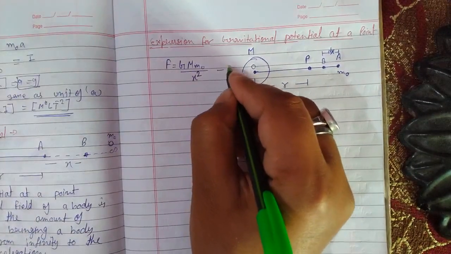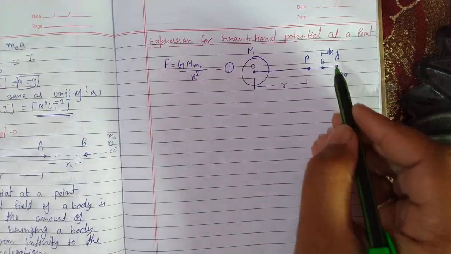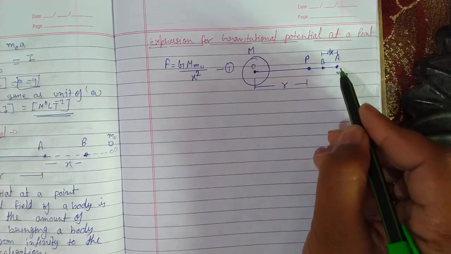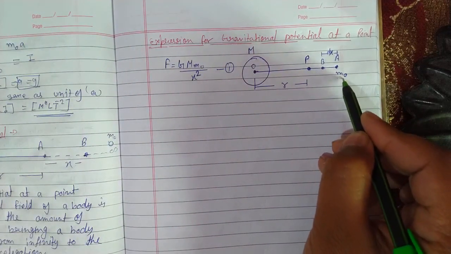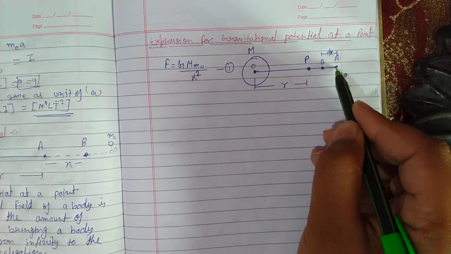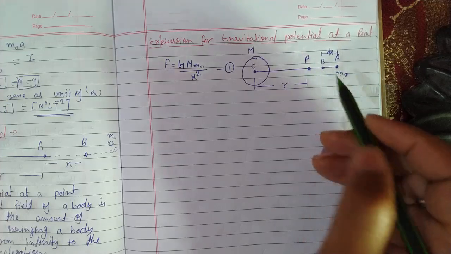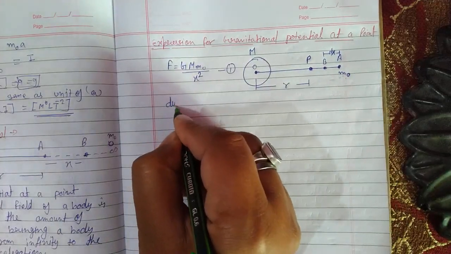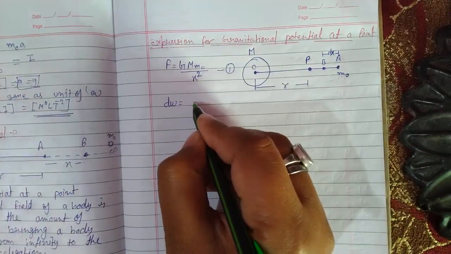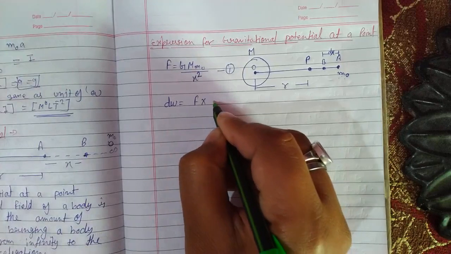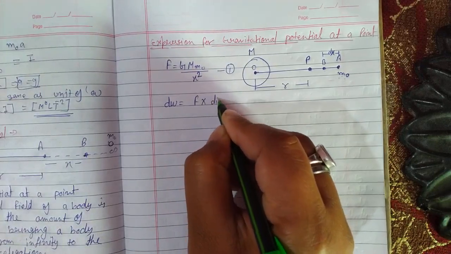Okay, this is equation first. Now for bringing a unit mass or a mass m0 from point A to P, the small work done is given by dW is equal to force into displacement.